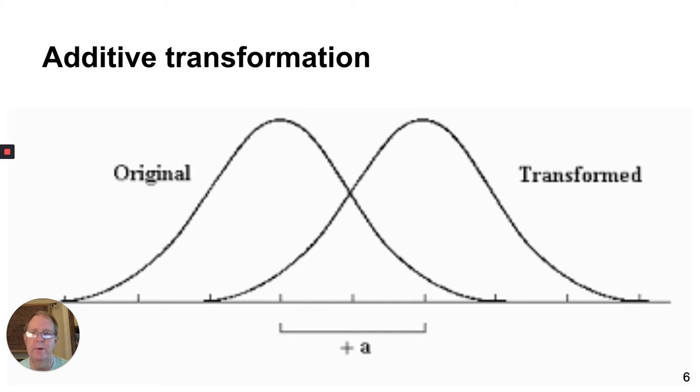The center will increase by a units, the first quartile will increase by a units, the third quartile will increase by a units, but the spread does not change. The interquartile range is still the same, the standard deviation is still the same, and the shape does not change.